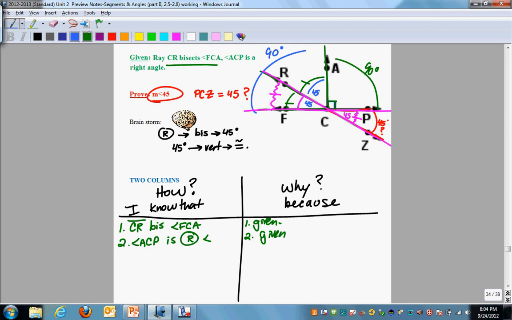Now we have to go to implied stuff. If this on the right is 90, then the left is 90 as well. So we can say angle FCA is 90 degrees. Why? Because if 90 one side, 90 other side. That gives the reason why you can do that.